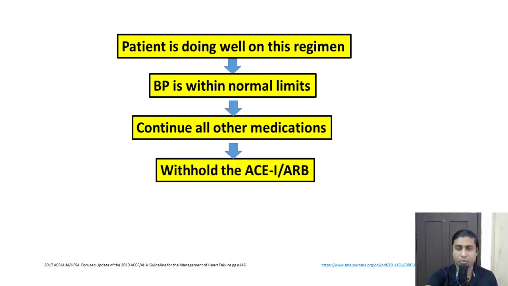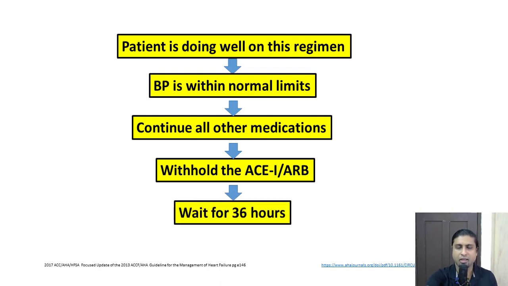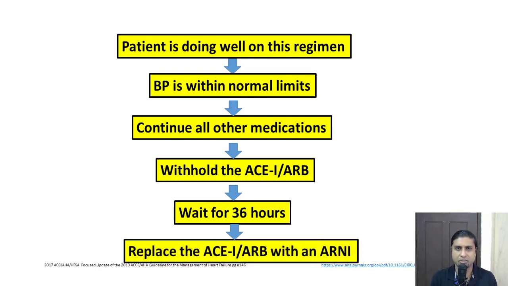And then we wait for 36 hours while continuing the other medications, of course, and then we replace the ACE inhibitor or ARB with a drug called an angiotensin receptor blocker and neprilysin inhibitor. It's called an ARNI. We'll discuss more about that in the discussions to come.